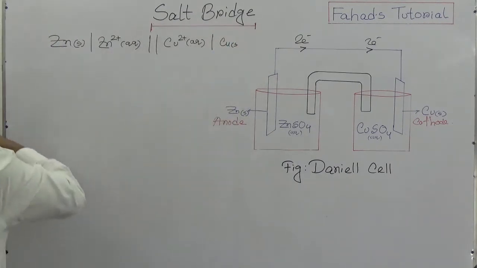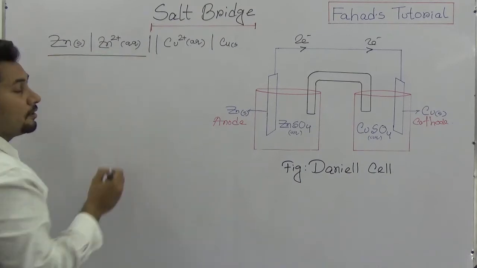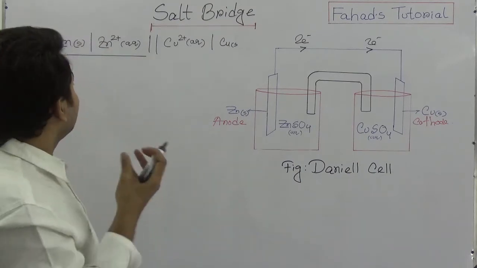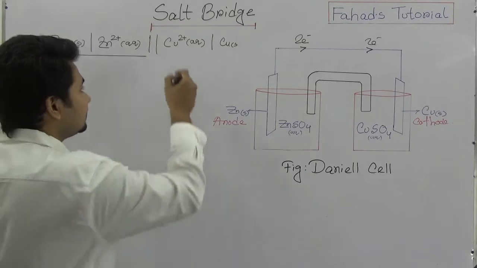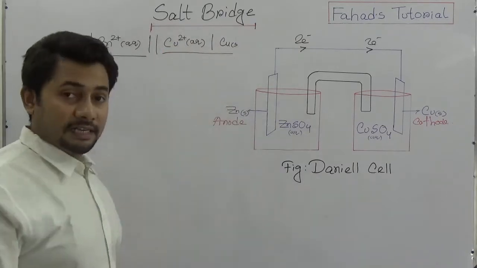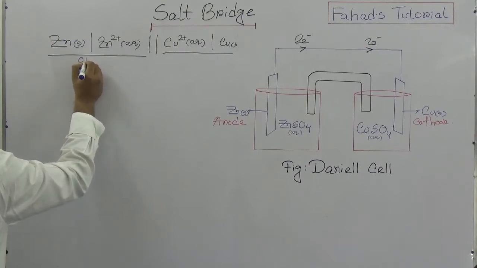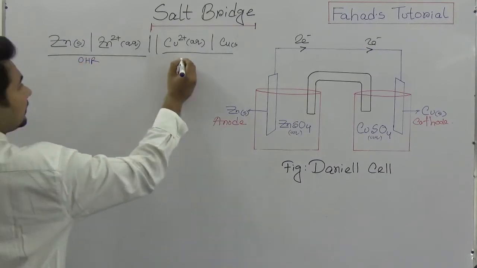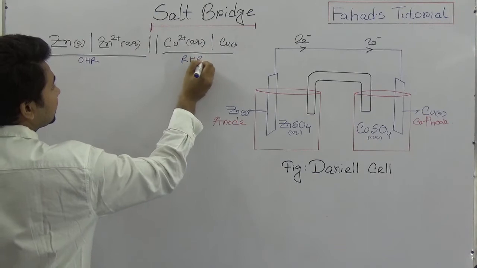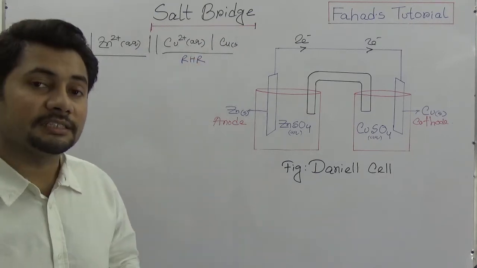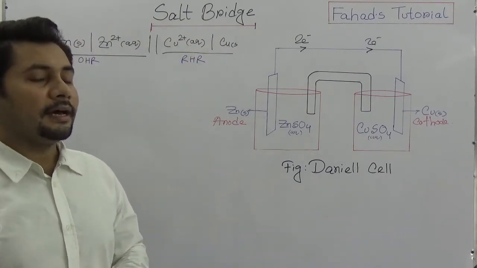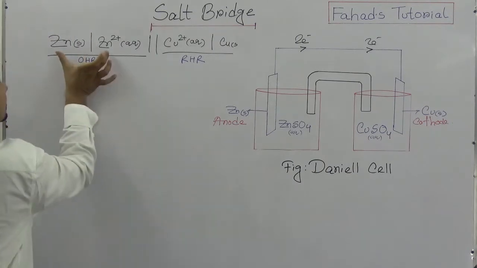So this reaction is known as the anode half, oxidation half reaction, and this is the reduction half reaction. Shortly we can say oxidation half reaction and reduction half reaction, and that is why it's a combination called redox. And why is this going on?